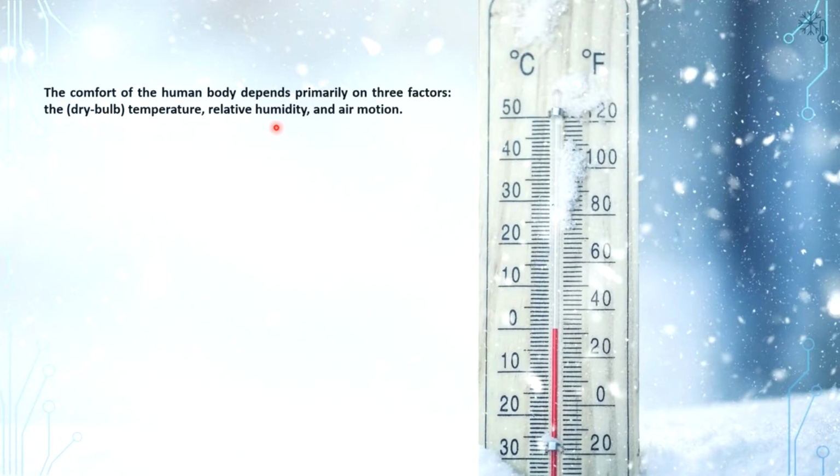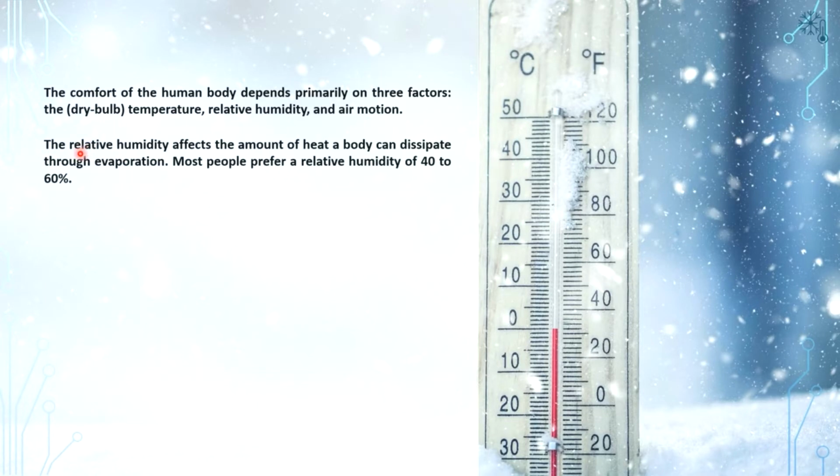Then it depends also on the relative humidity, which is the amount of moisture in the air compared to 1 kg of dry air. And the third is air motion. Motion also plays an important factor in human comfort.